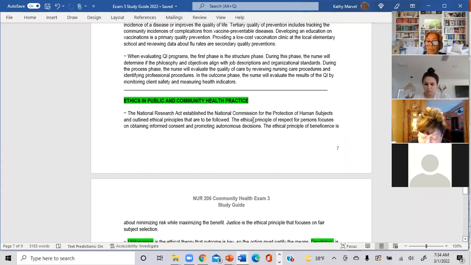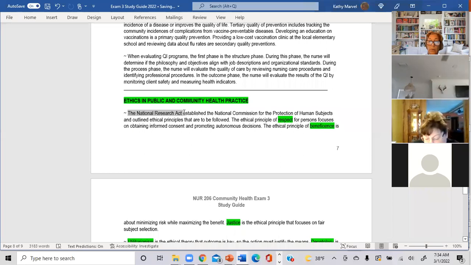The ethical principle of respect. So we need to know that. The ethical principle of beneficence, right here. And the ethical principle of justice.